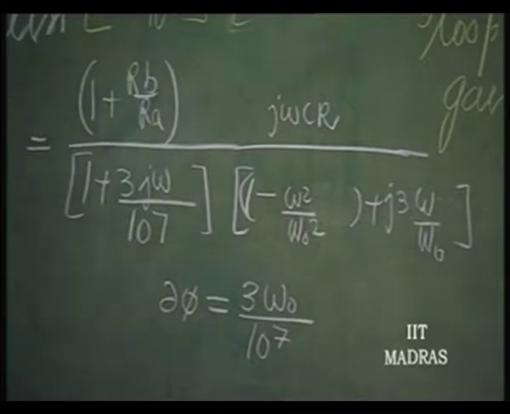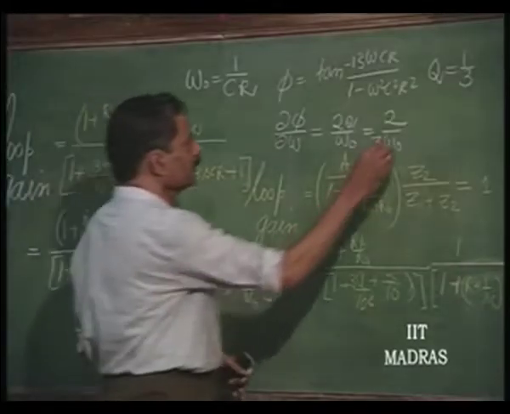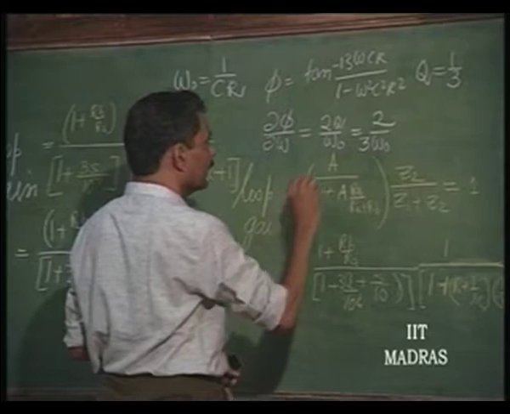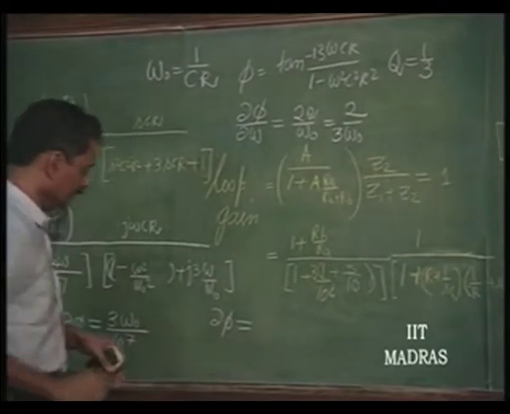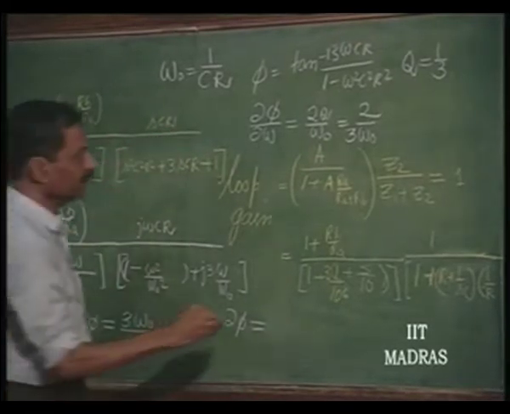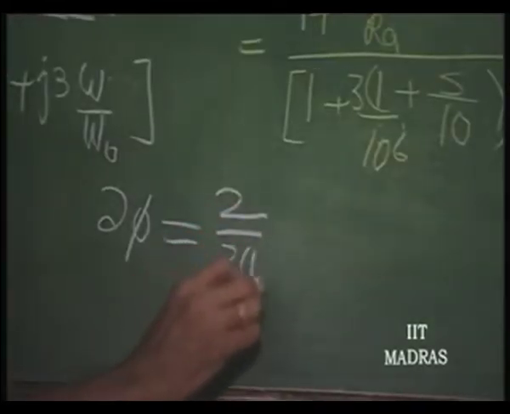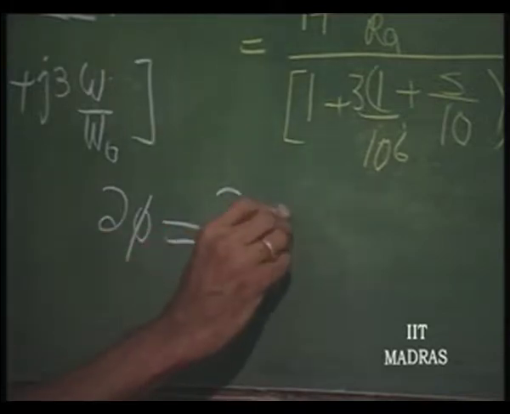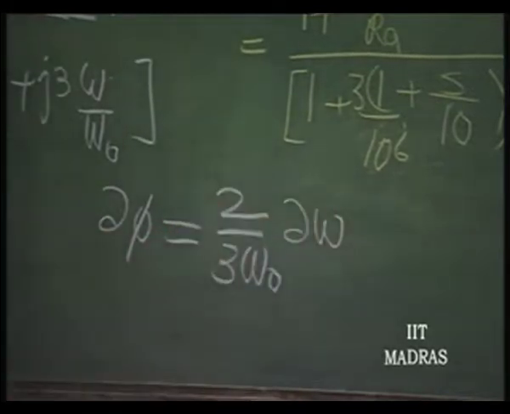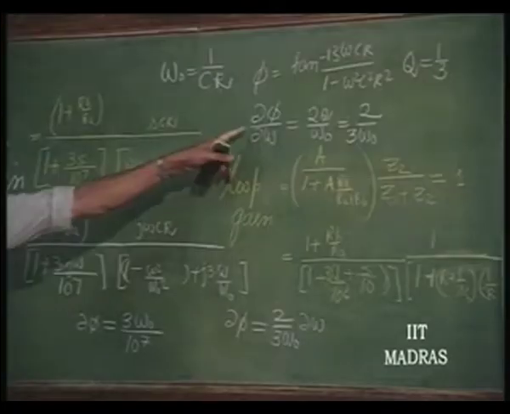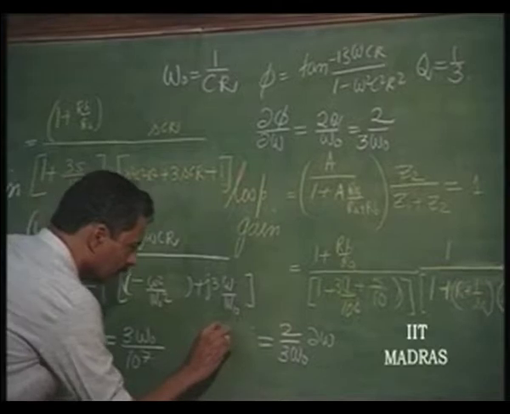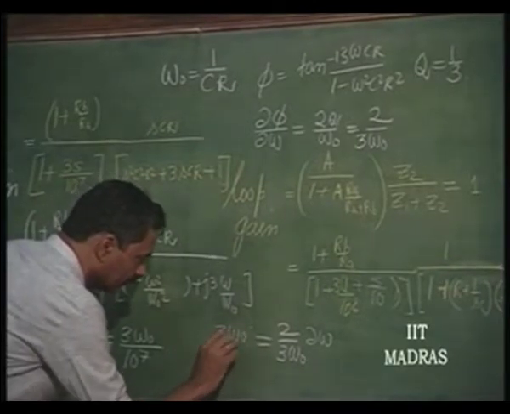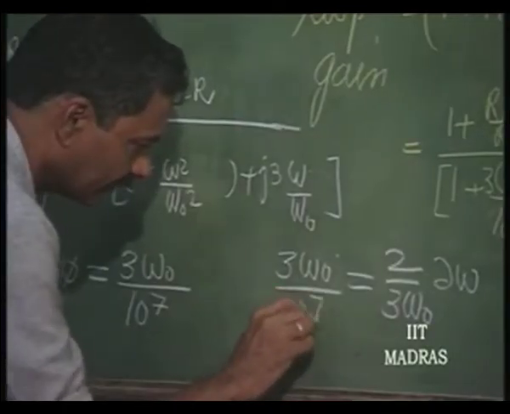If I equate this to delta phi, what is possible with this network is 2 by 3 omega naught into delta omega.